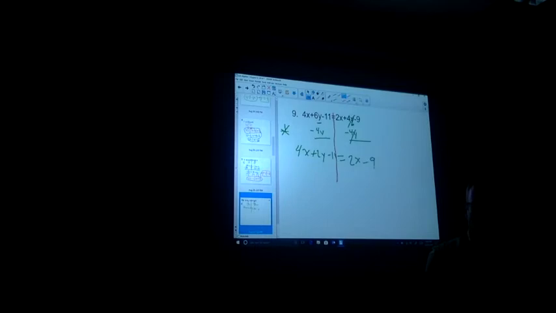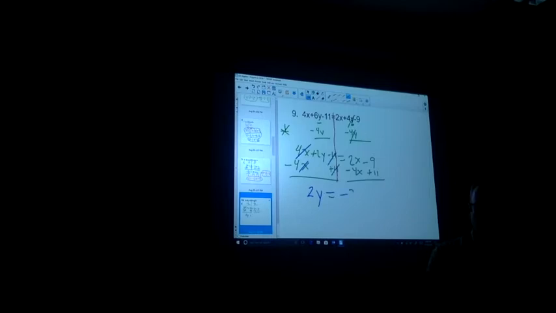Now I want to move everything on the left side over except for the y's. Okay? So I could subtract 4x, and I could subtract 4x. I can also add 11 and add 11. So I'm marking them in a column with their like terms. And these x's cancel out now. I'm left with 2y. The 11's cancel out.